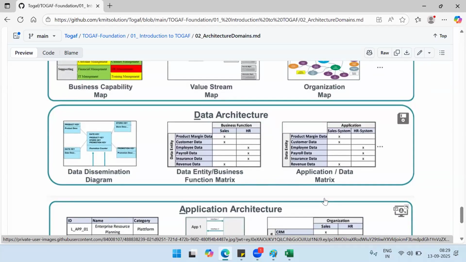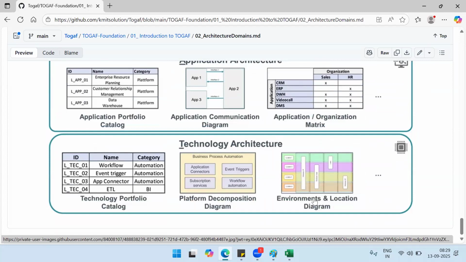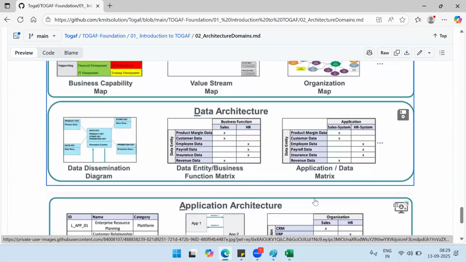Dissemination means the different components of your data, like which data belongs to which particular table, their logical entities, how they are connected to the physical entities, how the application component works, what the data entities are, and the business function matrix.